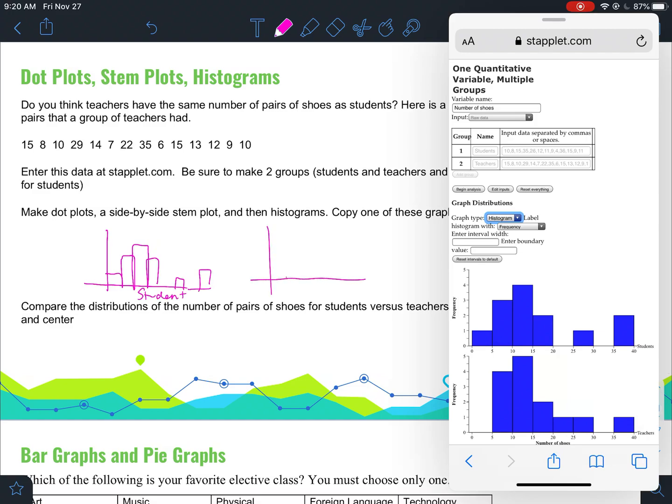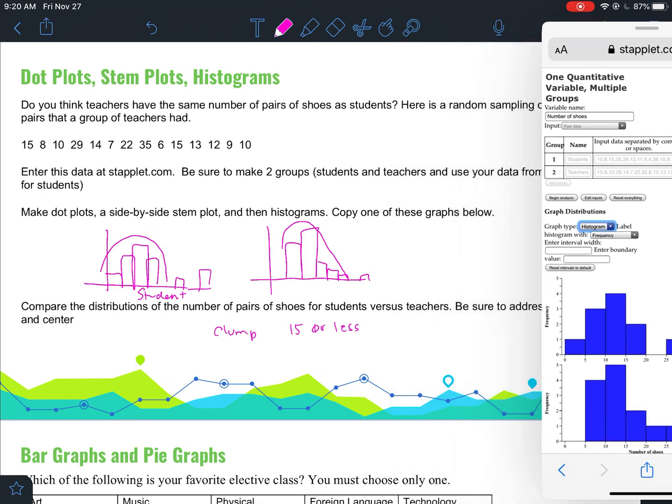And then the teacher data looked more like this. So notice the student data looks like it has one hump and then a couple. And then the teacher data looks like it kind of levels off, more like it starts high and then goes low. So their shapes are a little bit different. But both look like they clump with 15 or less pairs of shoes.